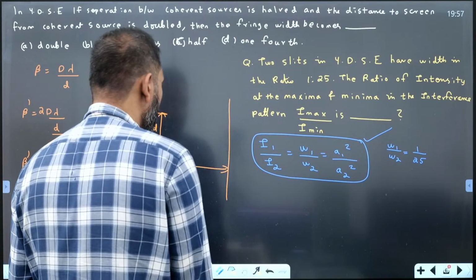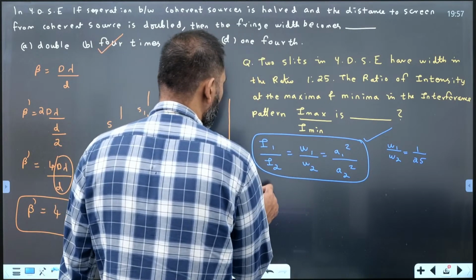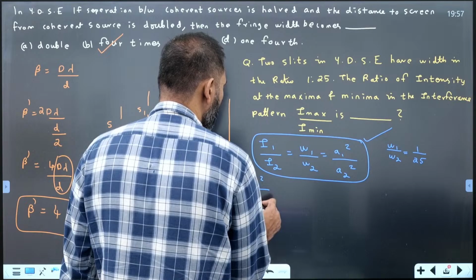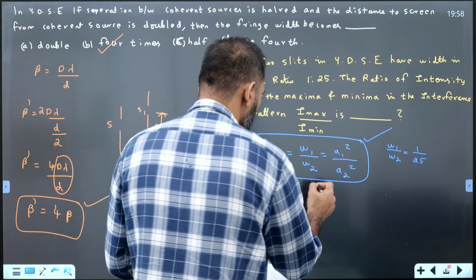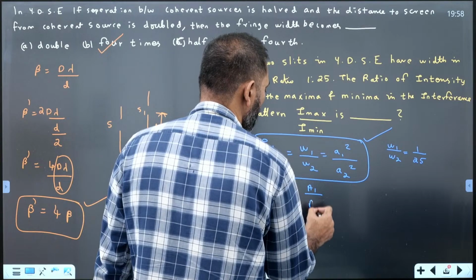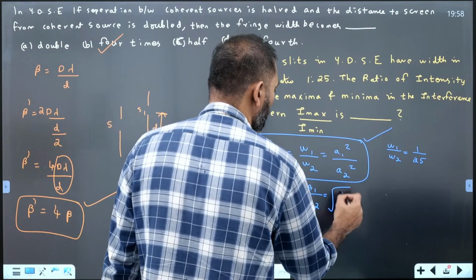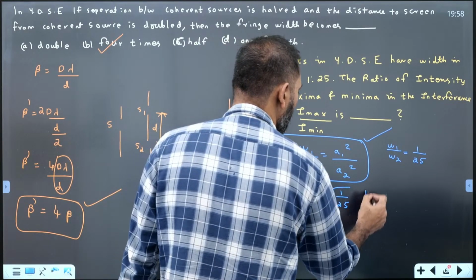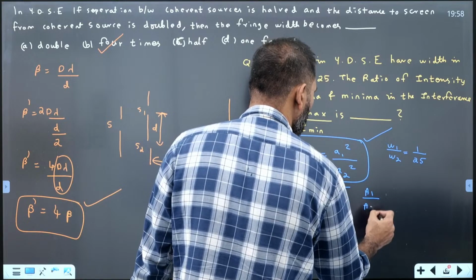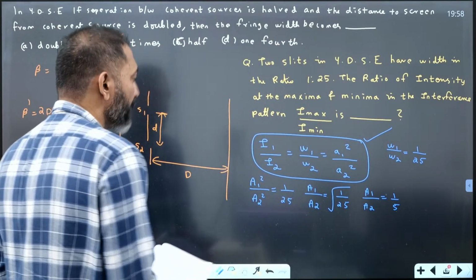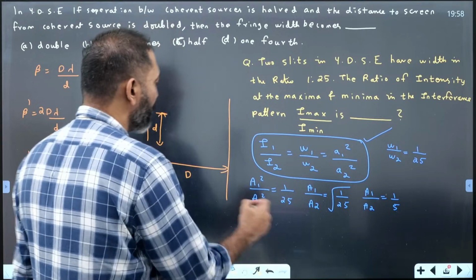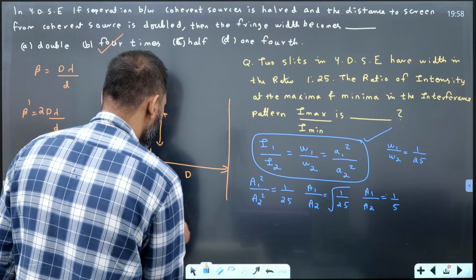So A1 square by A2 square is 1/25. So A1 by A2 is root of 1/25, which is 1/5. So the amplitude ratio is 1/5. Now we have to find Imax to Imin.